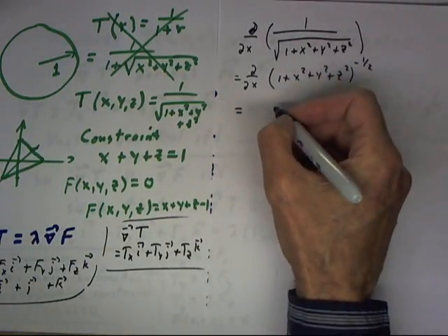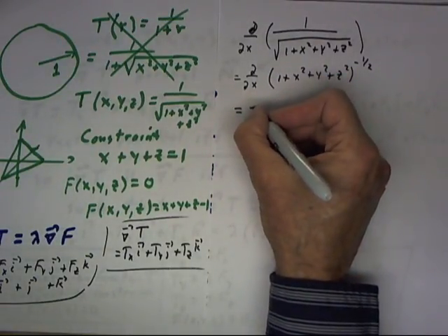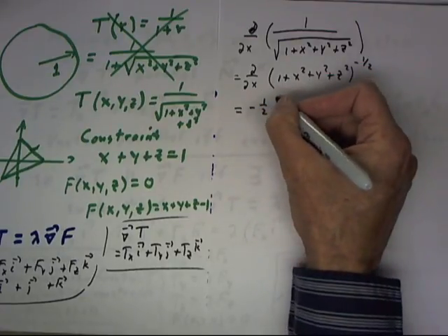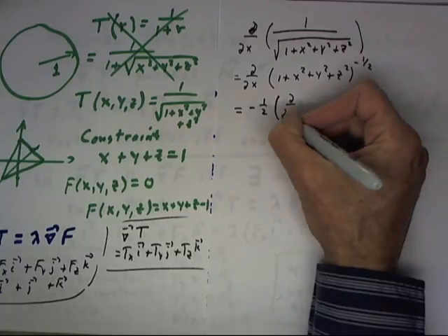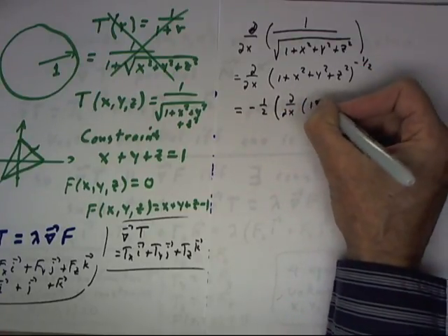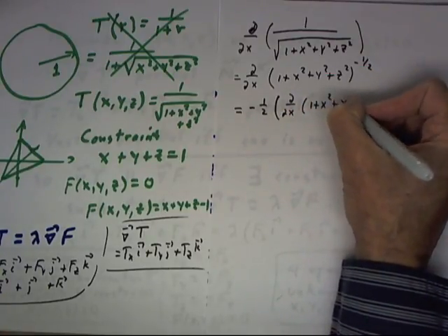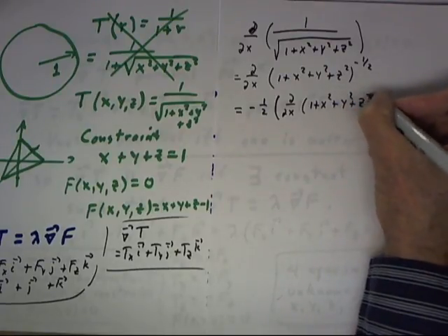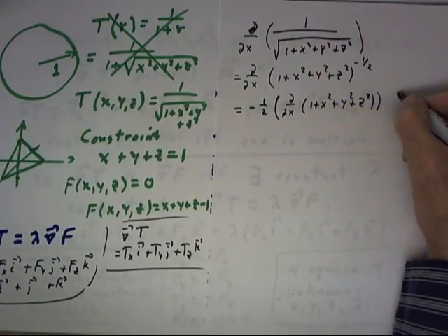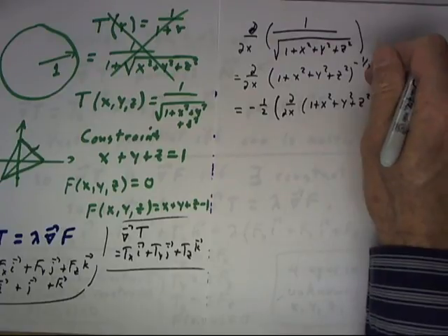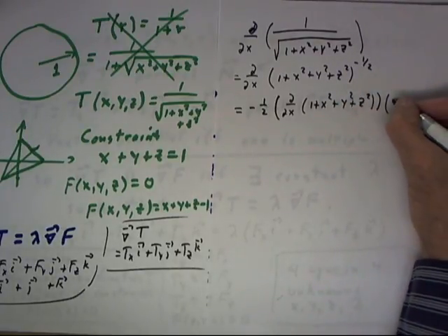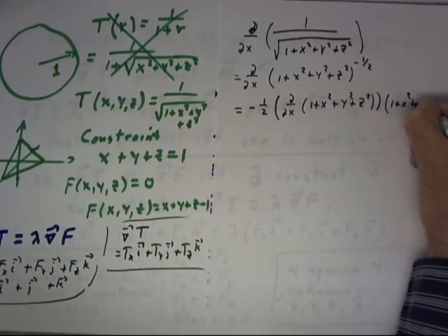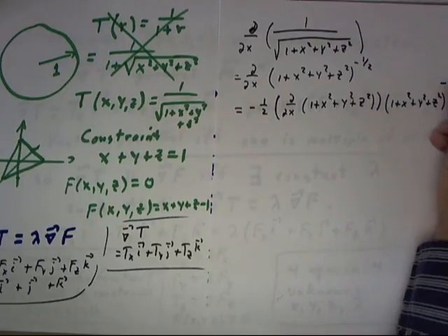That derivative will be negative 1/2 times the partial with respect to x of the inner function 1 plus x squared plus y squared plus z squared, multiplied by the original function to one less power. That would be the negative 3/2 power, 1 plus x squared plus y squared plus z squared to the negative 3/2.